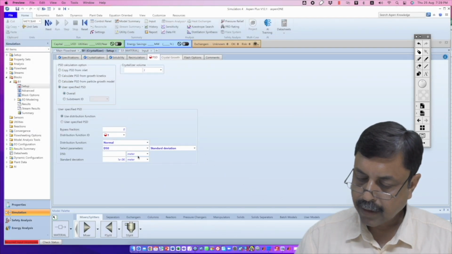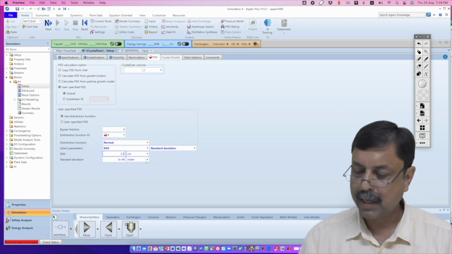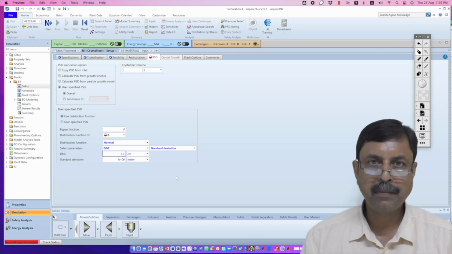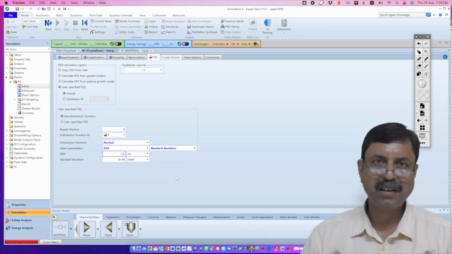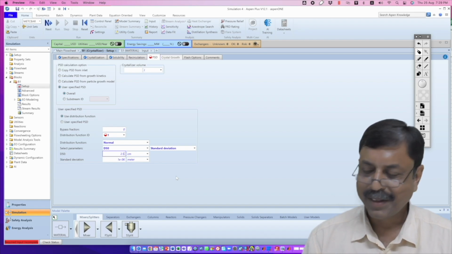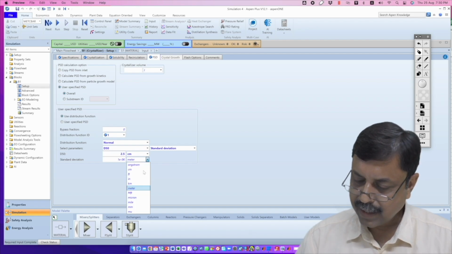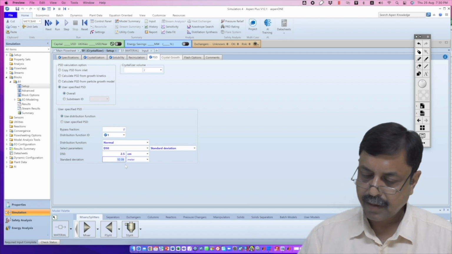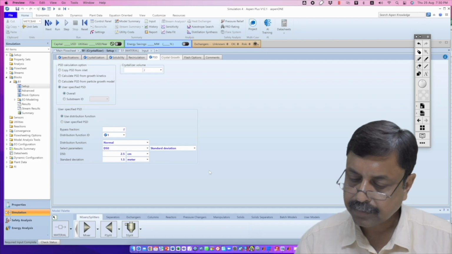So it is 2.5 centimeter. Actually, I am doubtful about the example problem that has been given elsewhere, because 2.5 centimeter salt particle is quite big. I do not know how the simulation will come. It is again centimeter, 1.5 standard deviation. Okay.